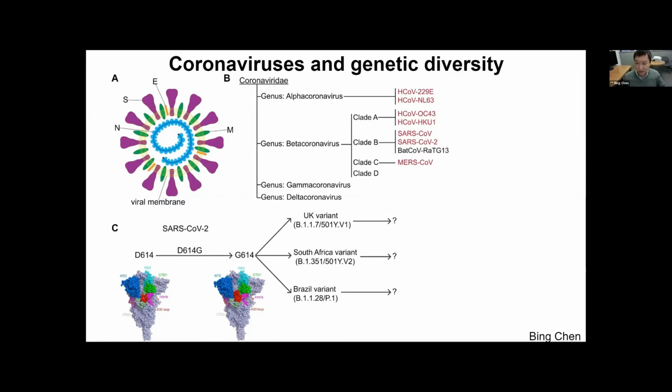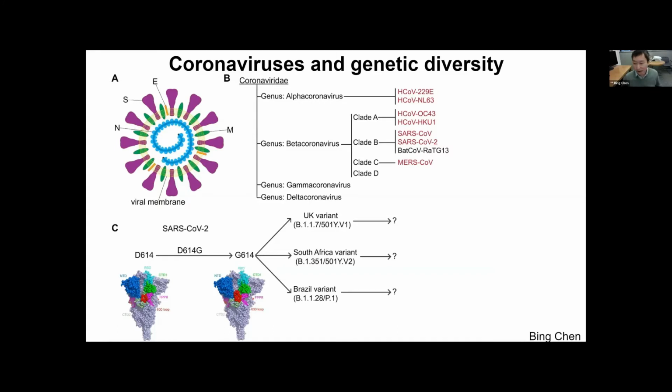Since the discovery of the first coronavirus back in the 1930s, many more coronaviruses have been found in birds, mammals, and humans, which are classified into 4 genera: alpha, beta, gamma, and delta. Listed here are the human coronaviruses, coming from different genera and also different lineages or clades, if you wish.